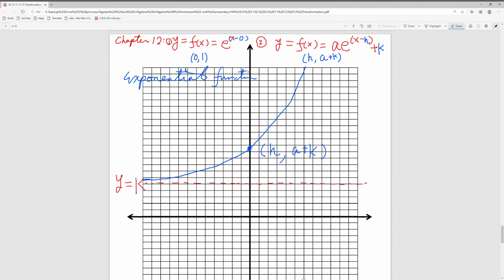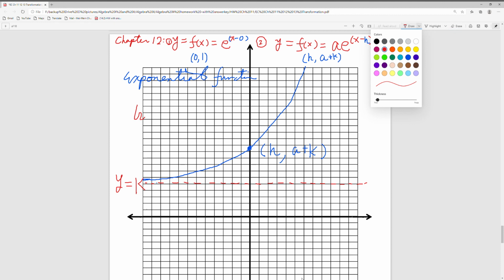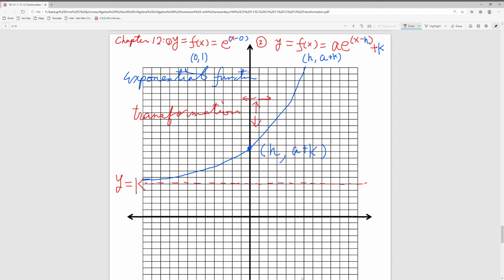So depending on which function, we still have shifting or transformation: left, right, up, down.